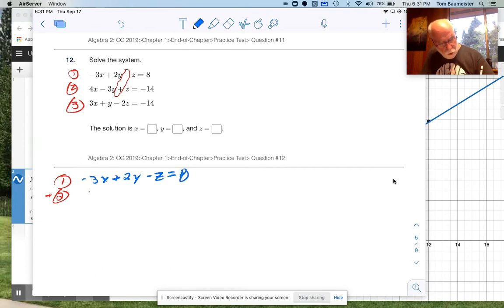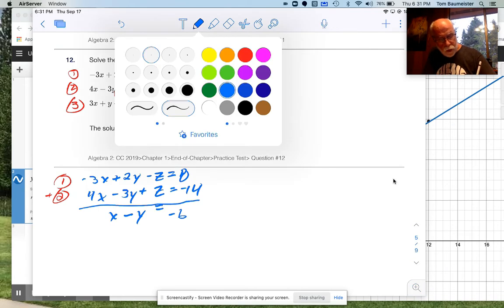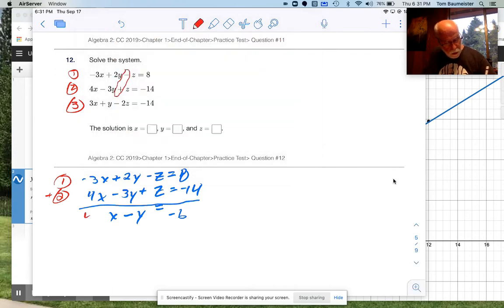I'll get 4x minus 3y plus z is equal to negative 14. If I do those, I'll get x minus y is equal to negative 6. And I called that equation 4.